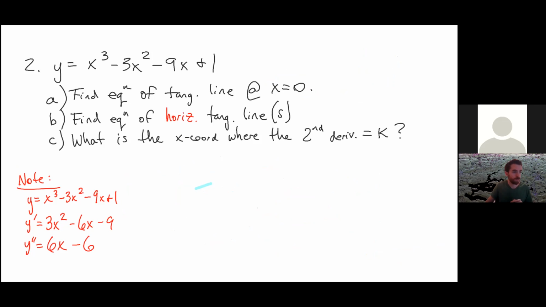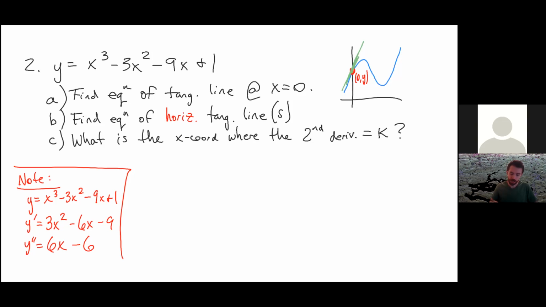So what we need to think about is, when is a tangent line horizontal? Okay, so we'll think to ourselves, tangent line is horizontal. For example, like here, right?